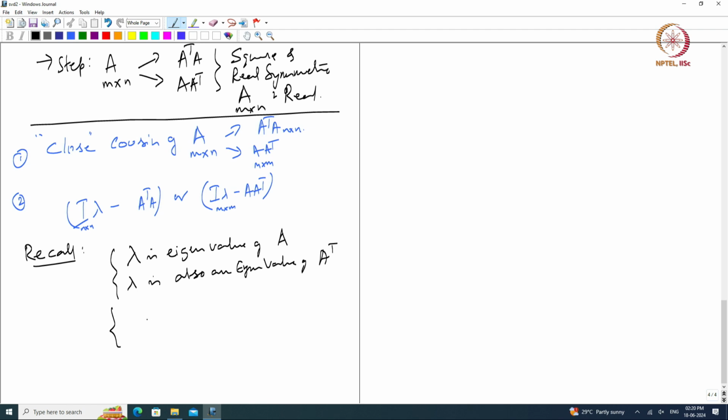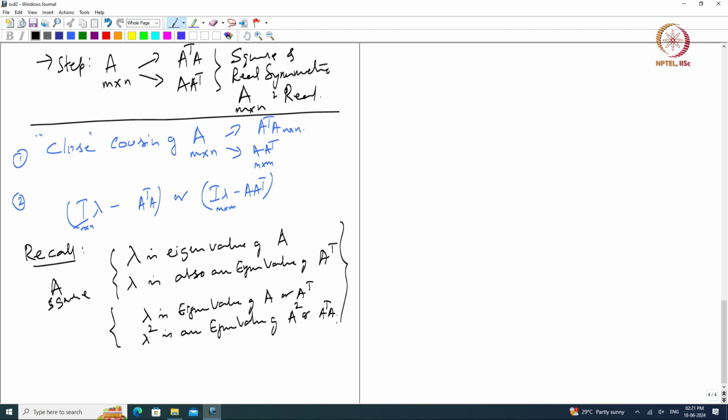Second part is, if lambda is an eigenvalue of A or A transpose, then lambda squared is an eigenvalue of A squared or A transpose A. In this case I am looking at A to be square. These are for square matrices.